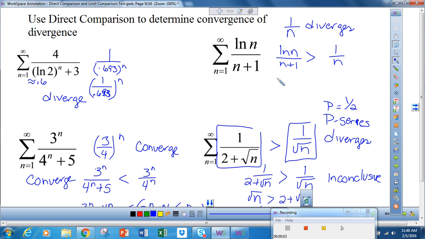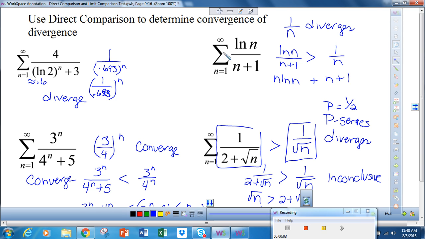Okay? So I have n times the natural log of n compared to n plus 1. Now, for certain values of n, the natural log of n is going to be fractions. However, when I get to the natural log of e and above, this becomes a whole number.